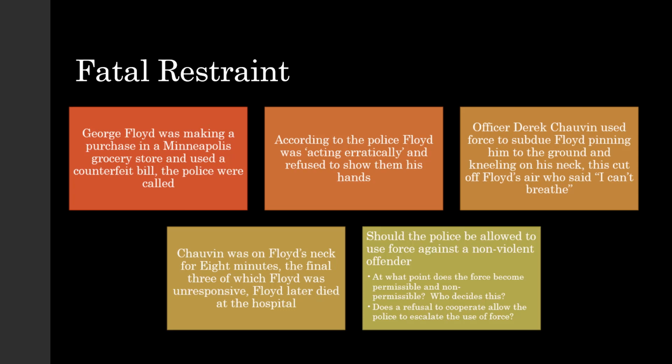including a woman named Darnella Frazier, took out their cell phone and began to record this confrontation. Now the police claimed that Floyd was acting erratically and refused to show his hands. Eventually, Officer Derek Chauvin used force to subdue Mr. Floyd, pinning him to the ground, the asphalt, and kneeling on his neck.